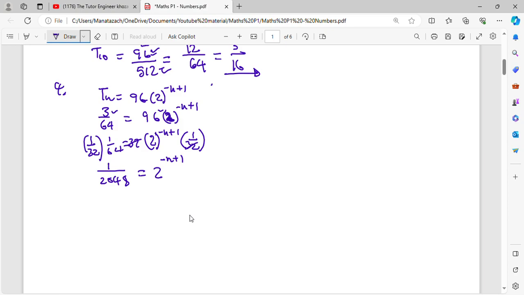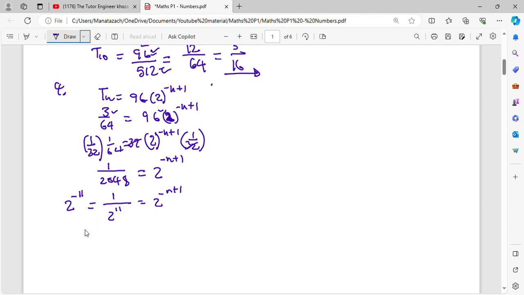So we can rewrite 2048 as 2 to the power 11. So 1 over 2 to the power 11 can be rewritten as 2 to the power minus 11.